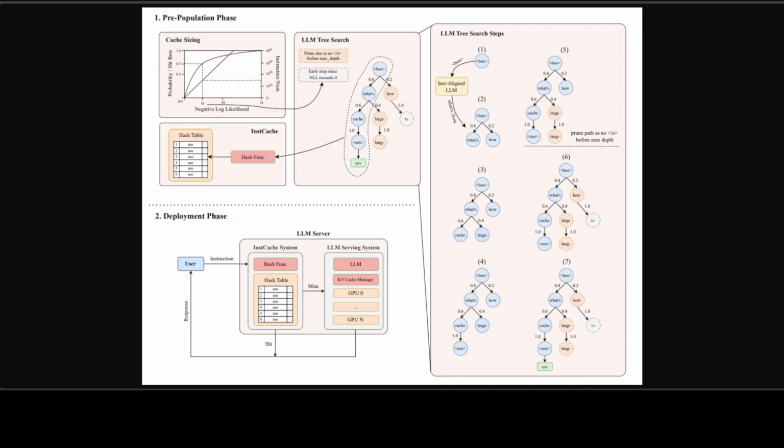The hit rate and cache size can be accurately determined by the threshold, and then they search these instructions by generating next tokens with an LLM step by step, forming a tree structure, as you can see on the right of this diagram. The instruction aligned LLM is an LLM fine-tuned with instructions in the training set. After pre-population, each path of the tree will become an instruction stored in the hash table with the corresponding answer. And then finally, InstCache will be deployed with existing LLM serving systems, accelerating the inference process.